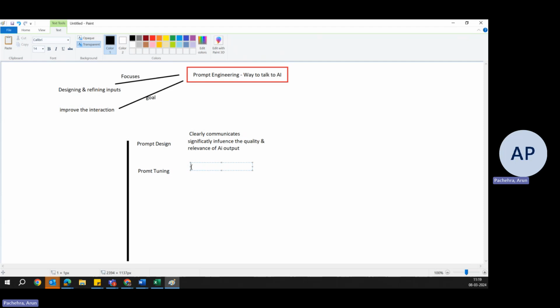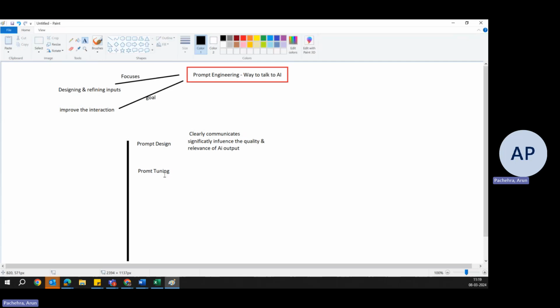So, what are we doing here? We are changing the structure or adding keywords, including examples, those kinds of things, which will actually help guide the AI to respond better. So that is prompt tuning.